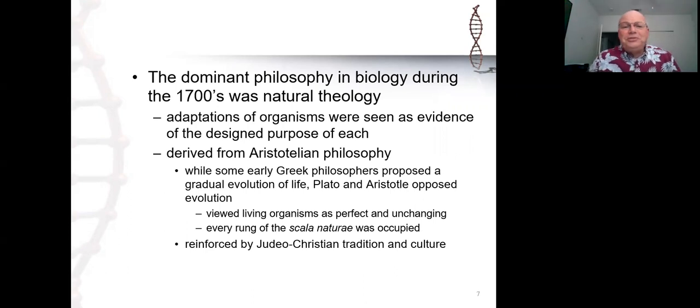Now, it was not necessarily an anti-evolutionary philosophy, nor was it one of a young Earth philosophy or a natural creation or a divine creation philosophy, but in combination with the thinking of Judeo-Christian scholars who were influenced by Greek philosophy via a number of different routes.